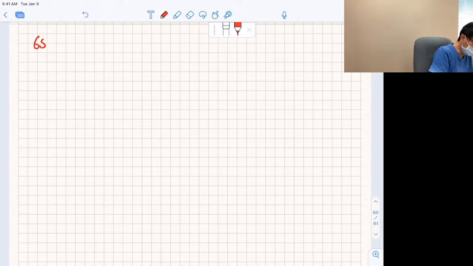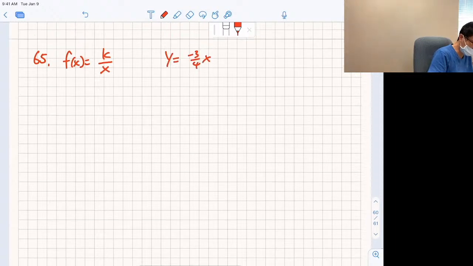So 65 has a K problem. It's f of x is equal to k over x, and you've got y is equal to negative 3 over 4x plus 3. Now, the tangent line, conceptually, this is what you need to understand.